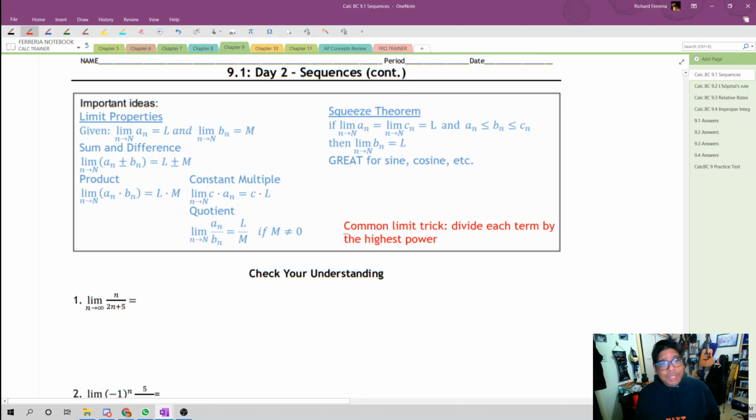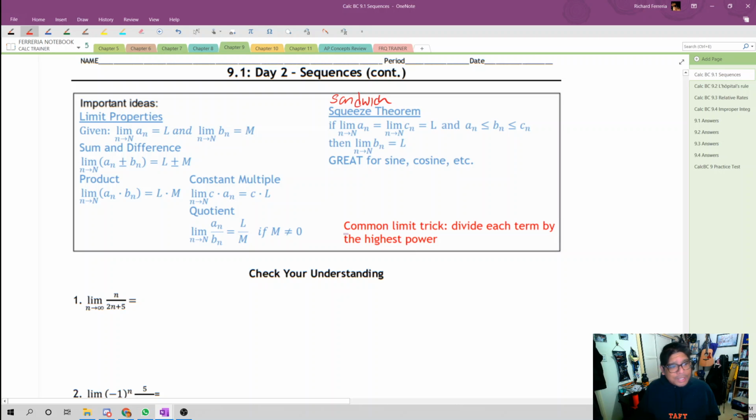We have the squeeze theorem, or the sandwich theorem, depending on which book you're using, which we discussed also, and that is great for sine, cosine, etc. And then maybe the most important thing here is the common trick: divide each term by the highest power.